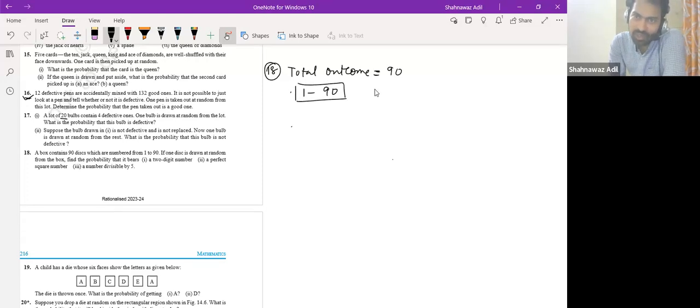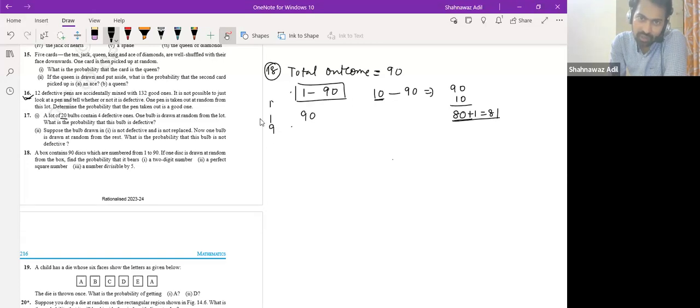So it starts from 10 and ends with 90, right? So 90 minus 10 is 80, but in this we have not counted the 10, so we have 81. Or we can also think of it like this: we have a total of 90, and 1 to 9 are one-digit numbers.